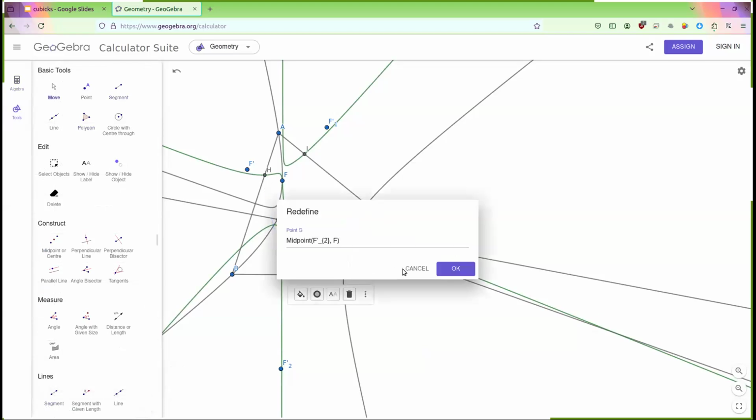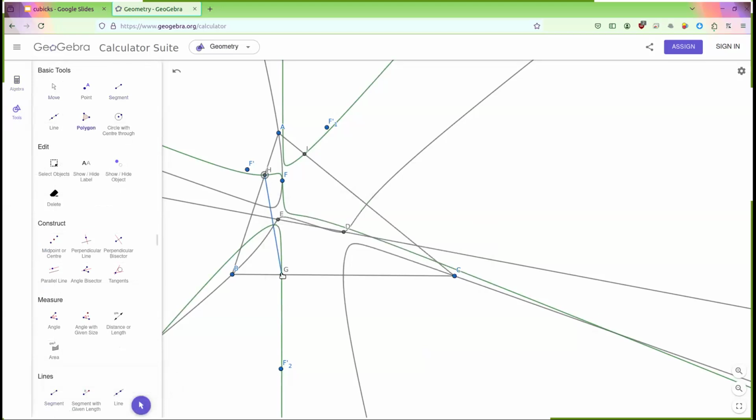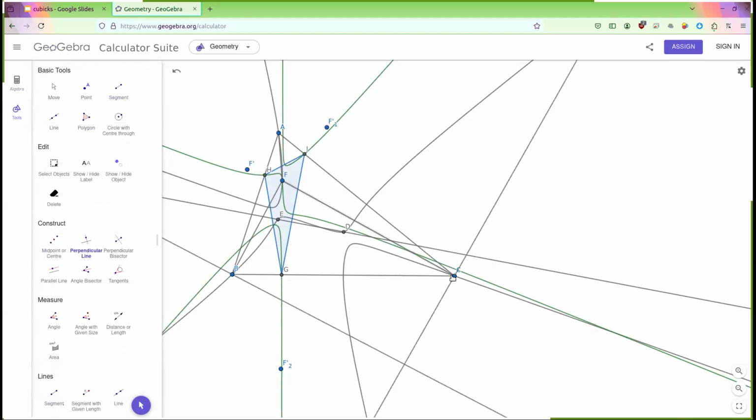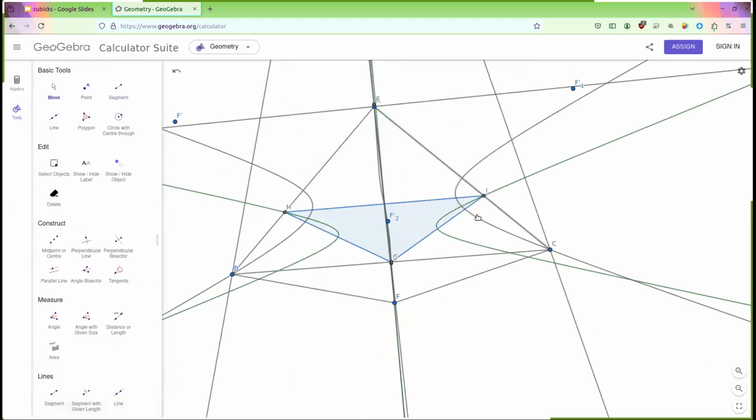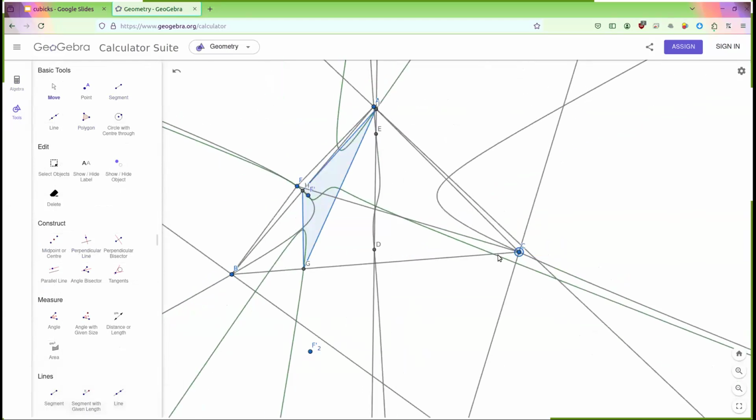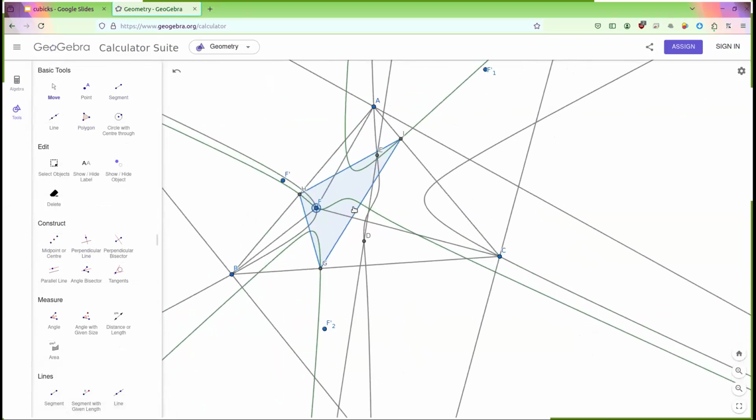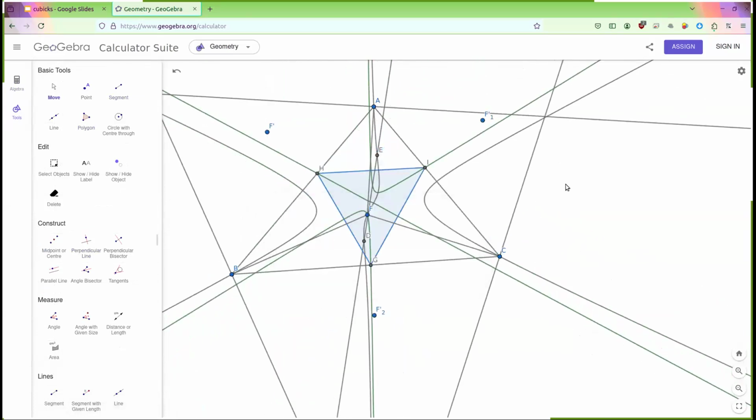So there's this triangle. There's also the triangle if you do the lines AF, BF, and CF, and you do this. It's also true for this triangle, this big one. It's true for this big one.